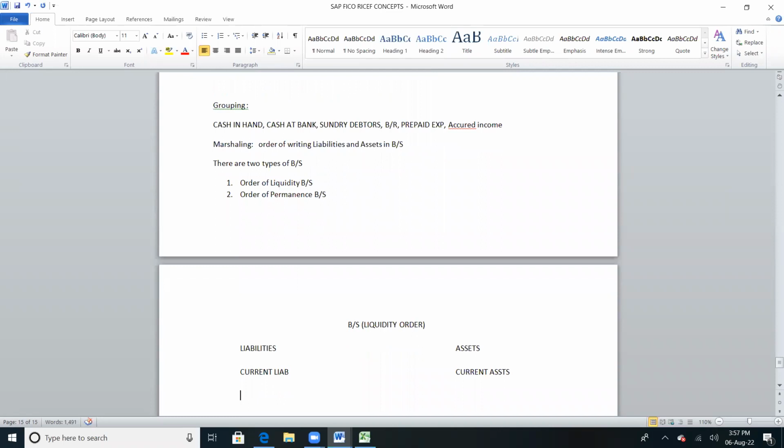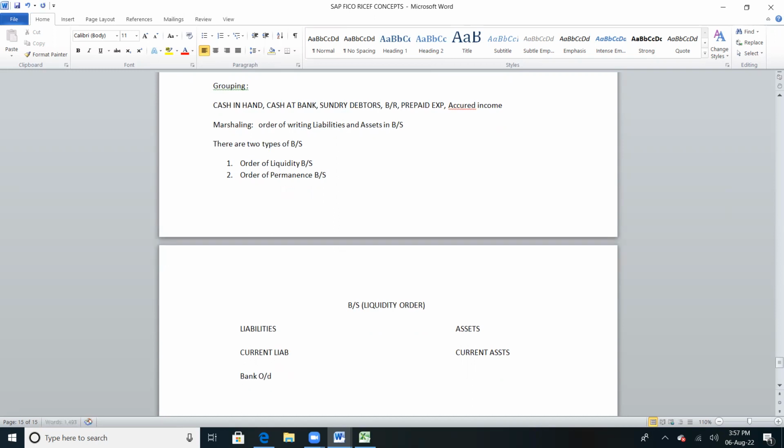Under current liabilities, the most urgent payment. Whenever we withdraw on a credit card, we need to pay within 45 days. So that would be the most urgent payment. That is nothing but bank overdraft. I'm just taking an example. Bank overdraft. Next one, sundry creditors. Next one, bills payable. Next one, outstanding expenses.